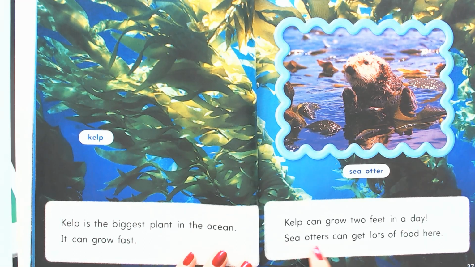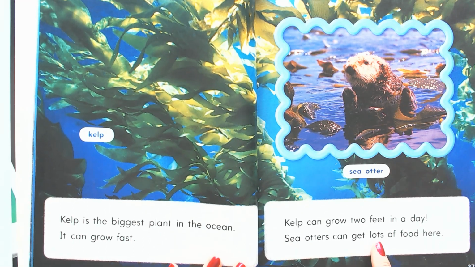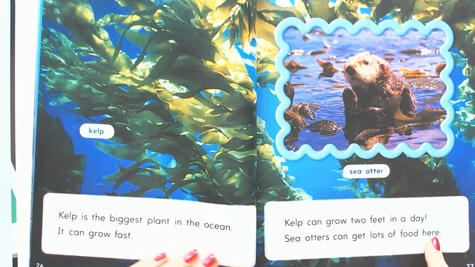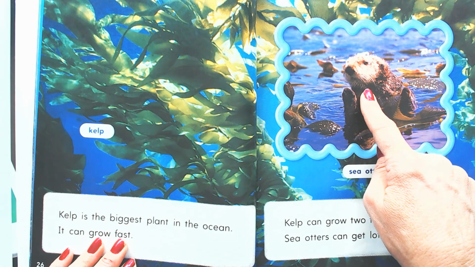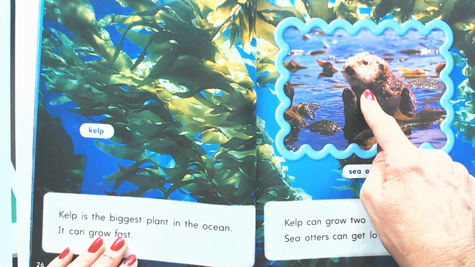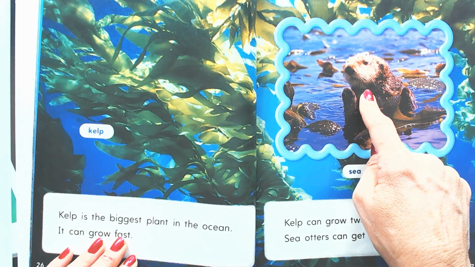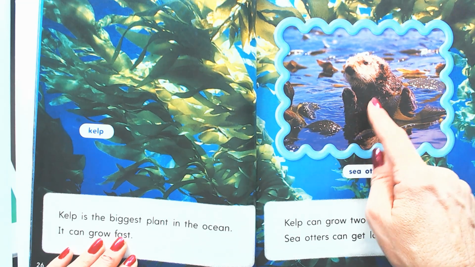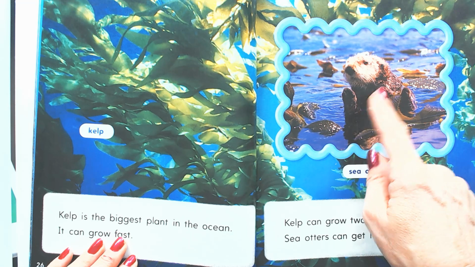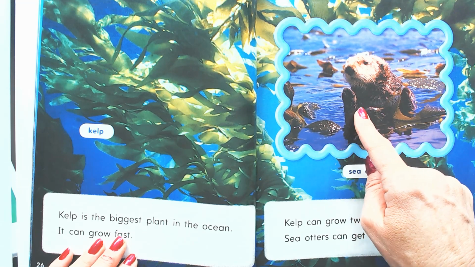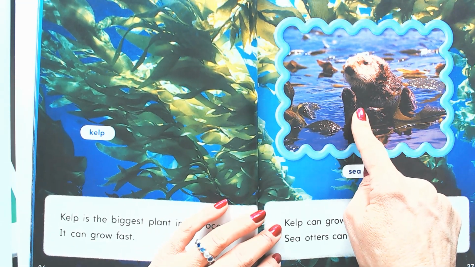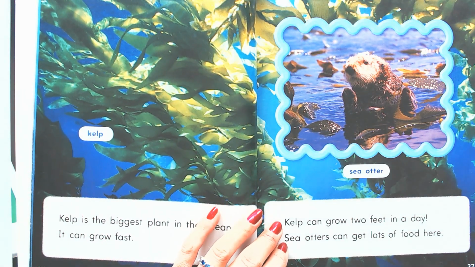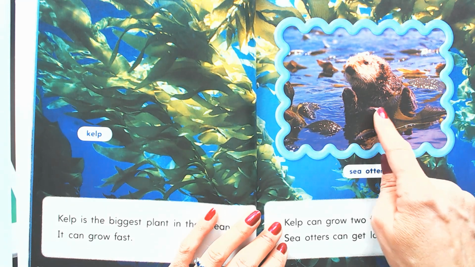Sea otters can get lots of food here. Okay, well, I don't know that they eat lots of kelp. I do know that they love crabs. If they had 10 bowls of food a day, 8 of those bowls would be crabs. Not that they eat their food in bowls, but they can also eat other little things. Like, they can eat little fish if they're slow.